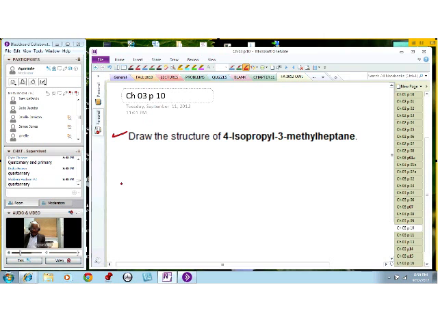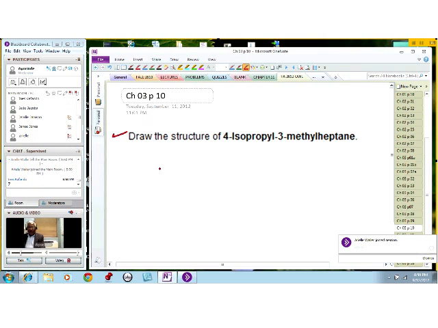Okay, that's Mecca Islam. Thank you. Draw the structure of 4-isopropyl-3-methylheptane. So what is the base name? How many carbons in the base name for this molecule? How many carbons? 7. Okay. So let us go ahead and do that.